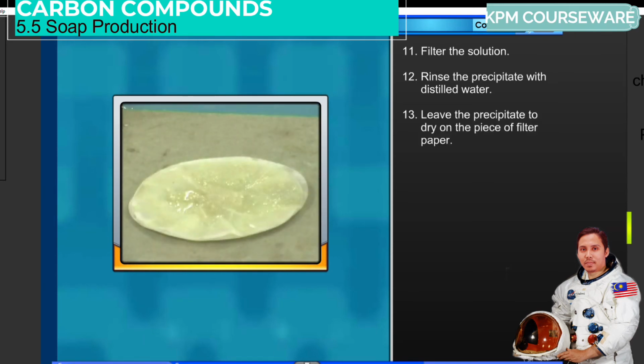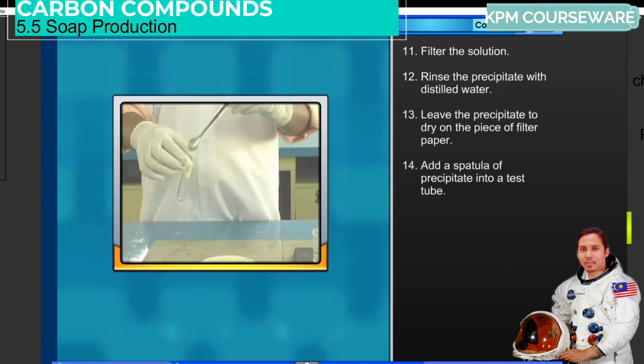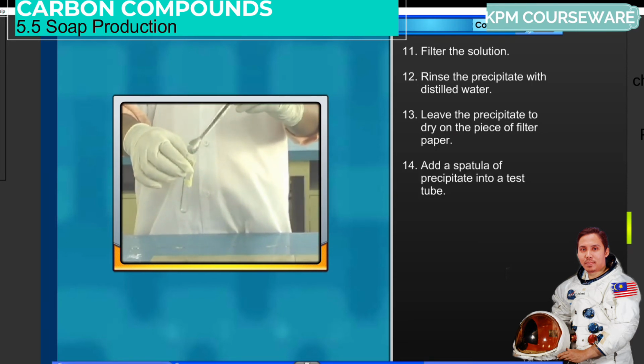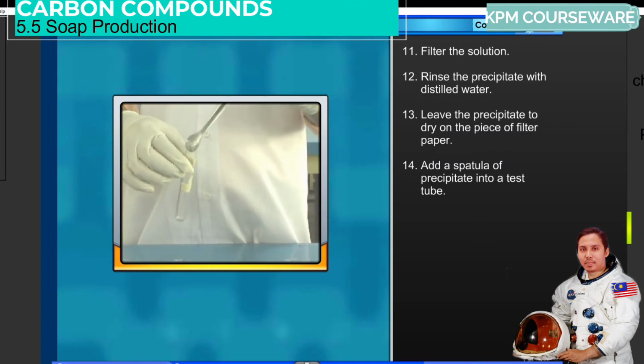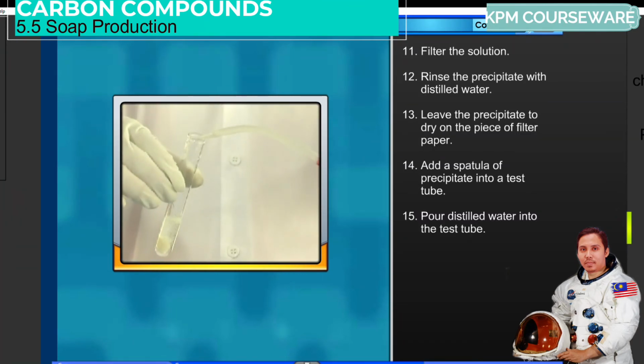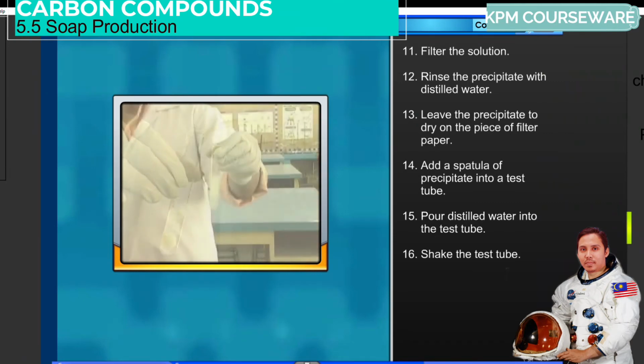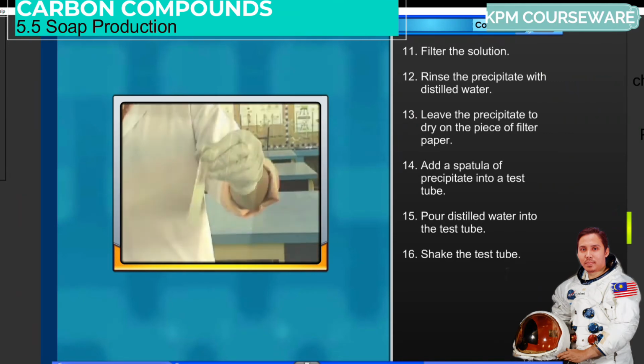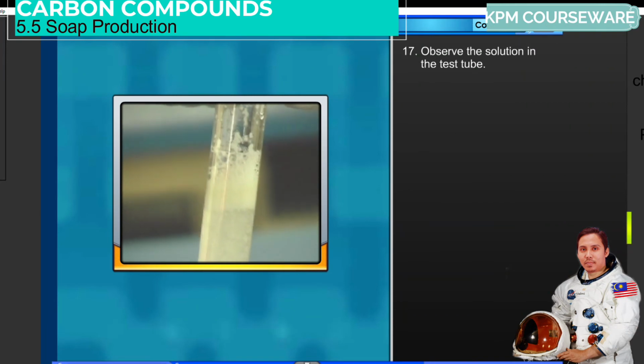Leave the precipitate to dry on the piece of filter paper. Add a spatula of precipitate into a test tube. Pour distilled water into the test tube. Shake the test tube. Observe the solution in the test tube.